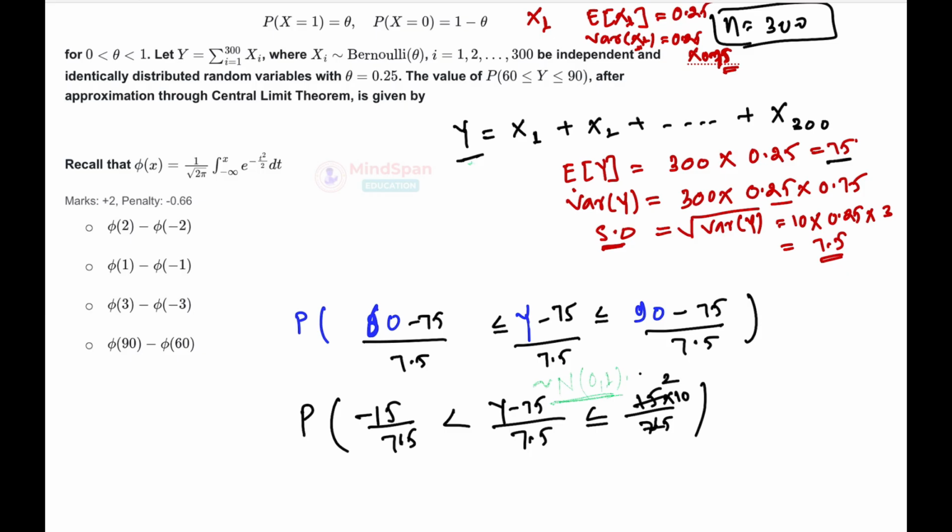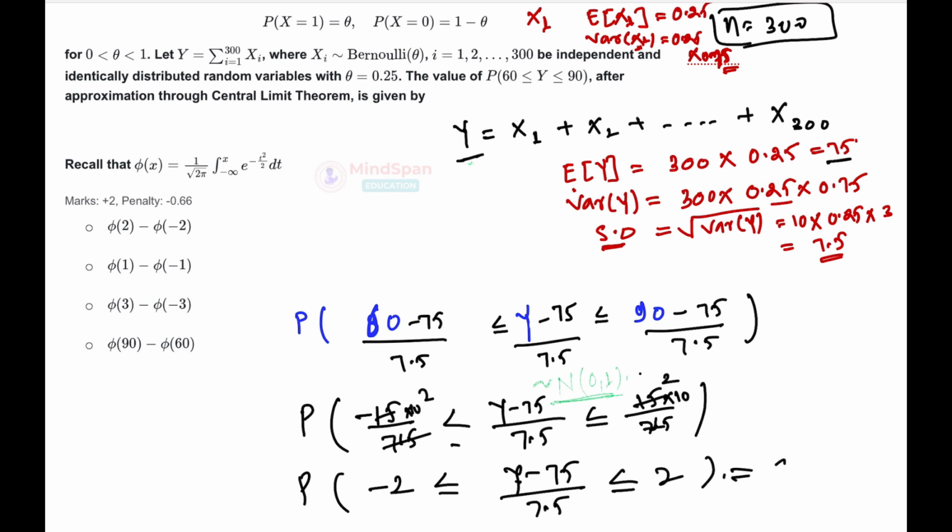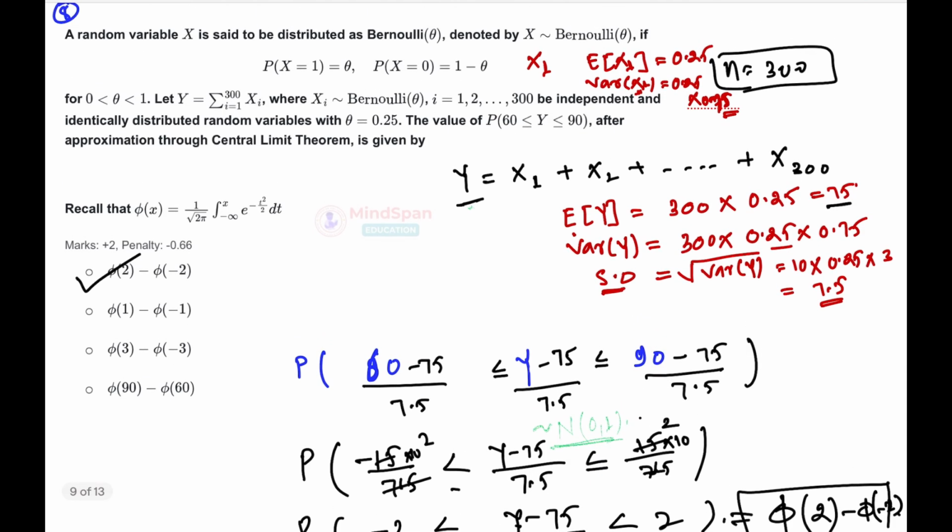So this is 2, and here we will have 2, so that will be minus 2 less than or equal to this random variable, and this random variable will be an approximately normal random variable. So we can write using the CDF notation, that will be equal to the CDF calculated at 2 minus the CDF calculated at minus 2, right. So this is the answer to your question. So option 1. That was one of the easiest questions based on the central limit theorem.